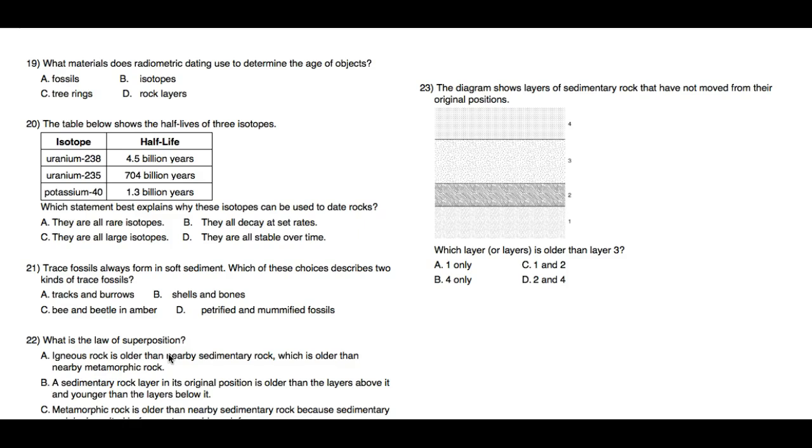The question asks which statement best explains why these isotopes can be used to date rocks. A. They are all rare isotopes. B. They all decay at set rates. C. They are all large isotopes. D. They are all stable over time.